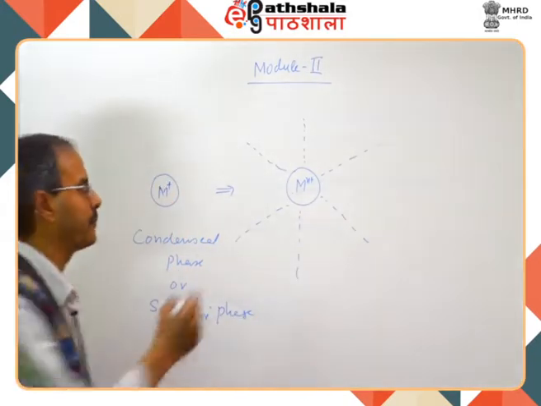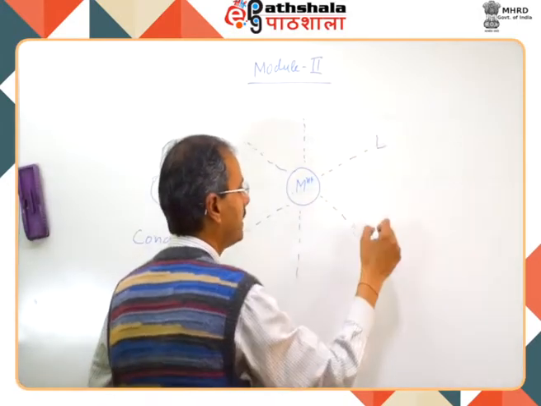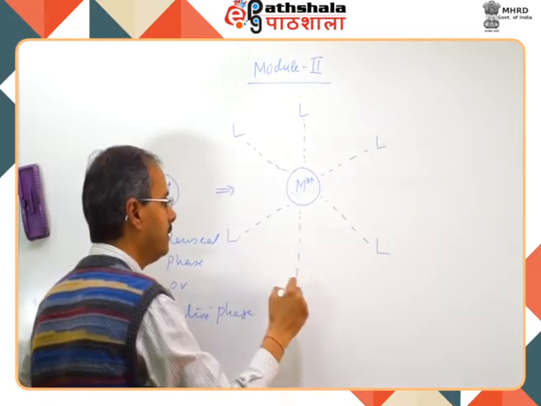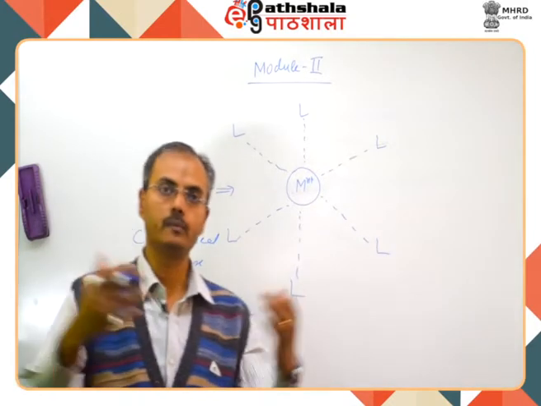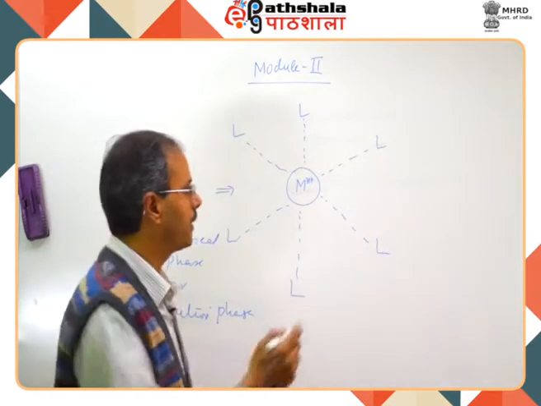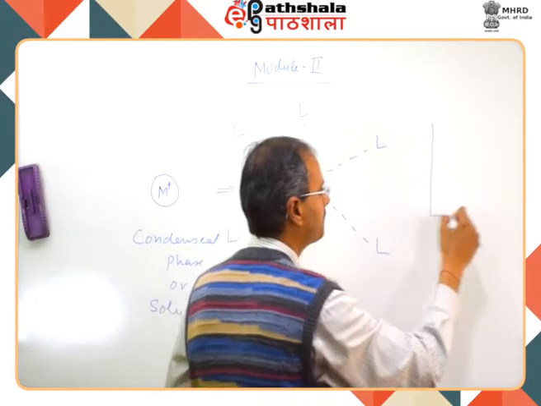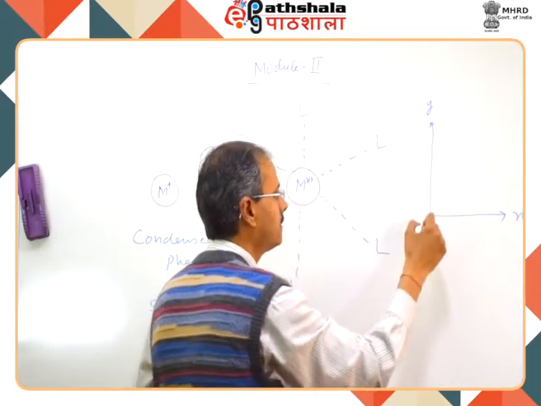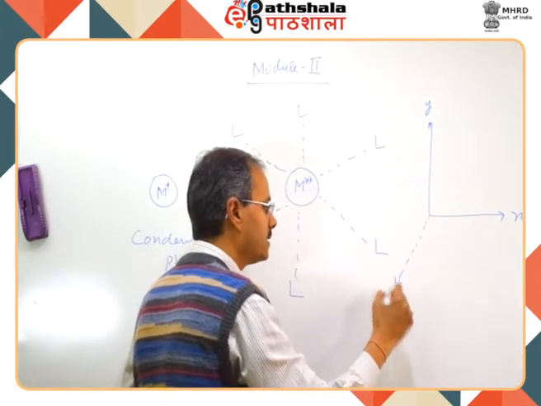For understanding purposes, we can say these are the ligands which are approaching from all possible directions. That means if we take the coordinates, this is the x-axis, this is the y-axis, and the third one is the z-axis.